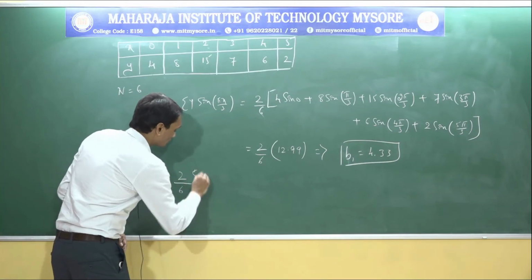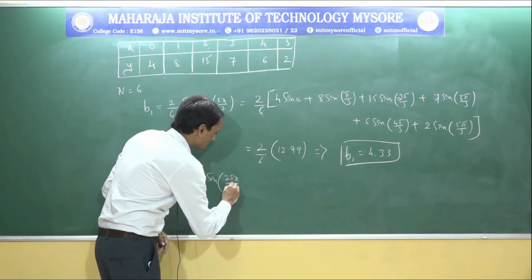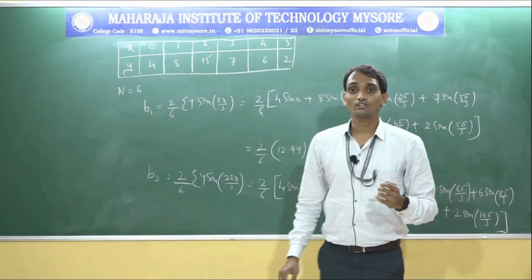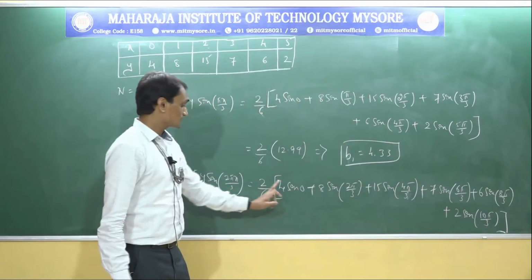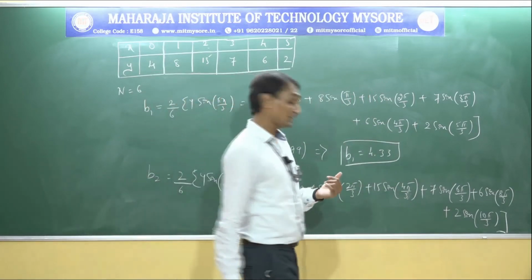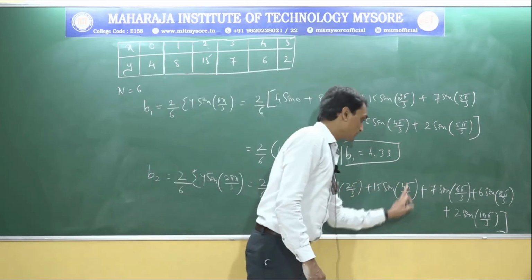B2 equal to 2 by 6 into summation of y into sin 2 pi x by 3. How you calculated the B1 value, the same substitution you have to make: 2 by 6 into alternately y and x values, 4 into sin 0, 8 into sin 2 pi by 3, 15 into sin 4 pi by 3.